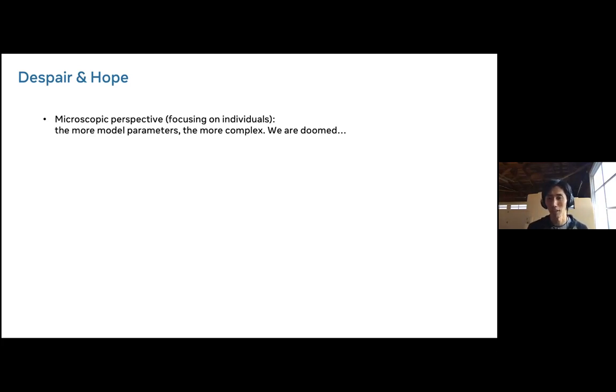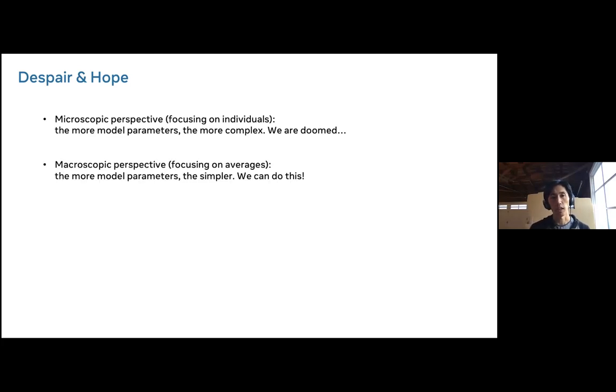Or you can take a more macroscopic or optimistic view, drawing some lesson from statistical physics, that you can focus on the averages rather than individuals. In this case, maybe the more model parameters you have, the simpler the phenomenon becomes. And so maybe we can get some control over trained functions after training.